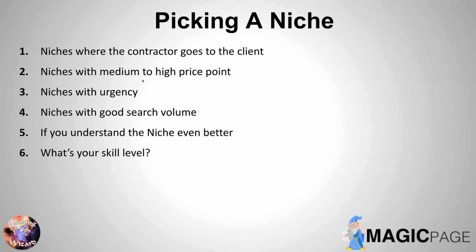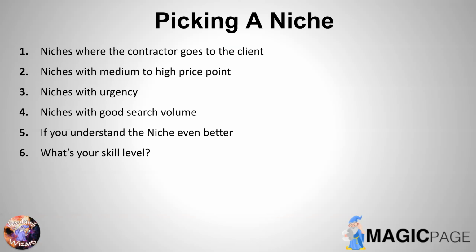Now, the second one is the niche needs to have a medium to high price point. If you have a low price point, something like a cake maker, they're going to have a very low price point, so you can't sell leads very high.